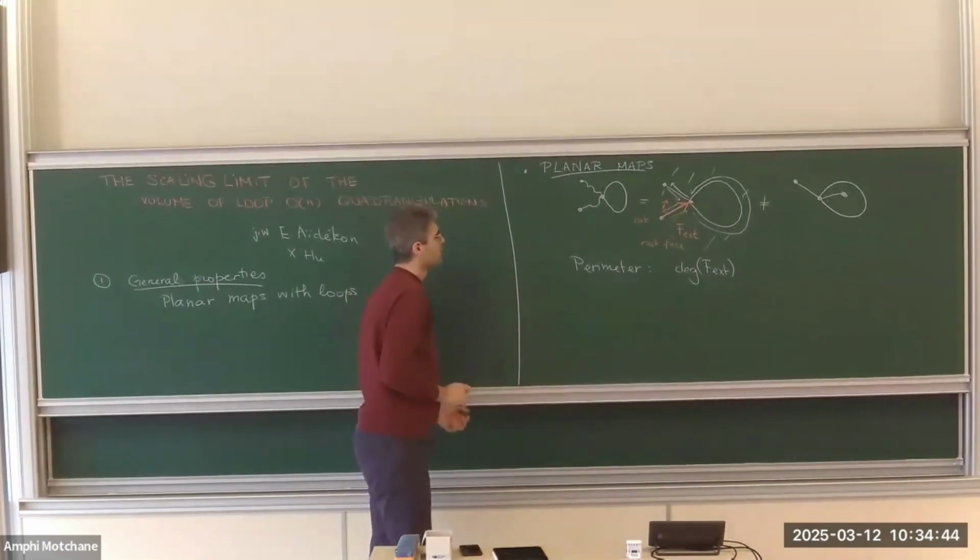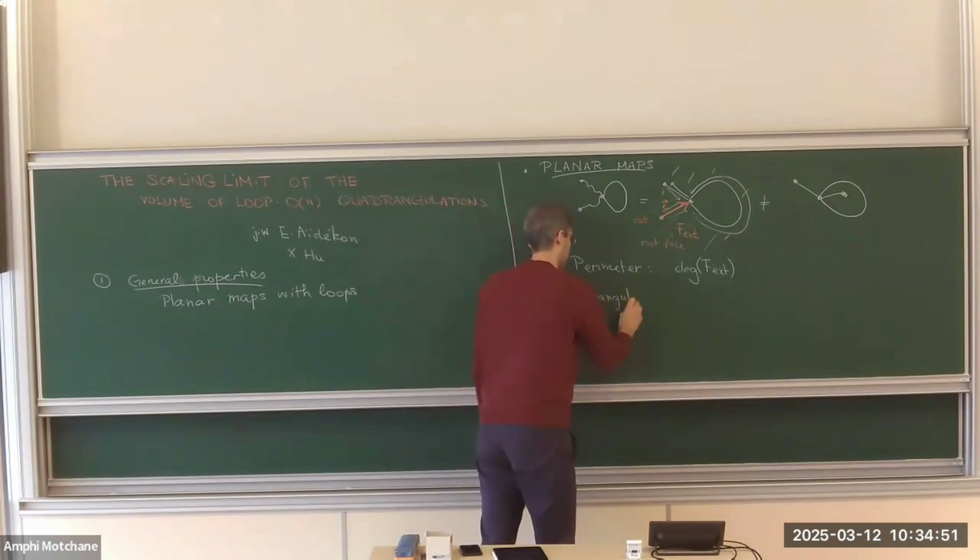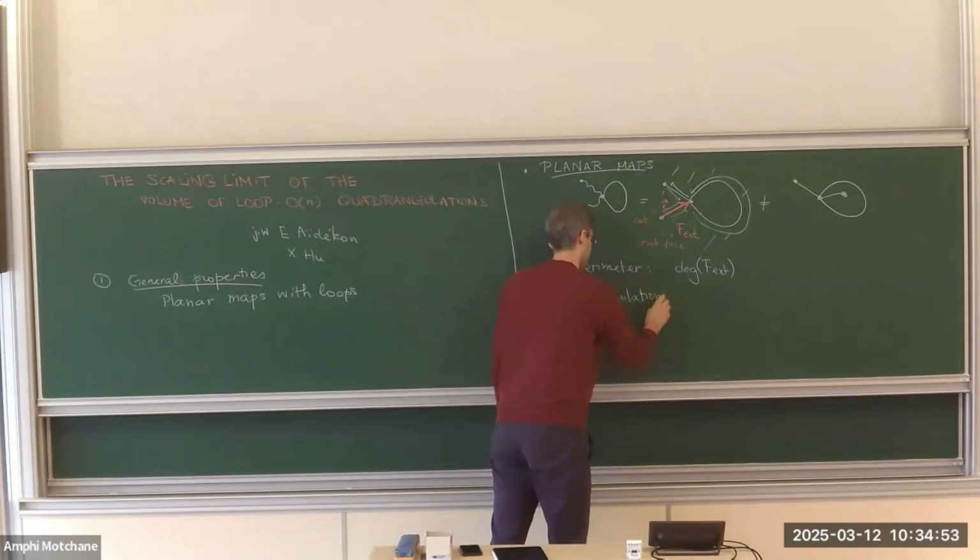Okay. And so I'm going to look at a specific model of maps, which is that of quadrangulations.